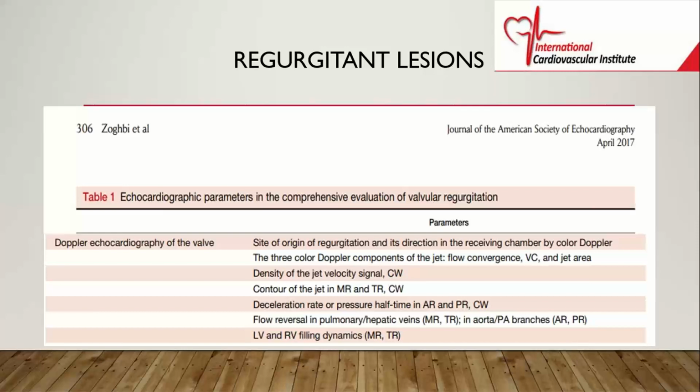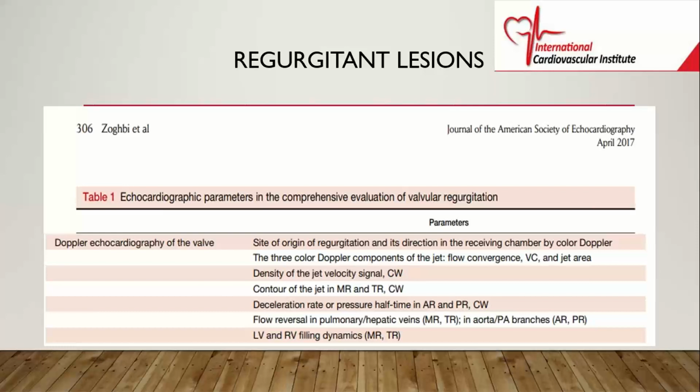Remember, we talk about triangular jets as opposed to a rounded jet, especially with patients with mitral and tricuspid regurgitation using CW. And then the deceleration rate or the pressure half time in patients with aortic regurgitation or pulmonic regurgitation. Use your CW for that.